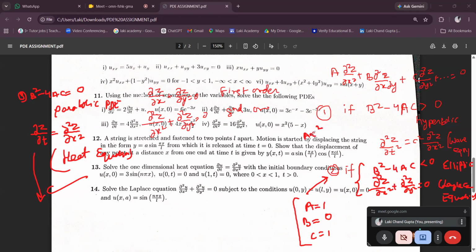Okay. C is any constant. B is equal to 0 and c is equal to -1. Okay. Understood? Noted? Yes.